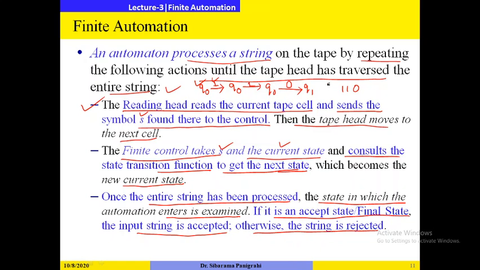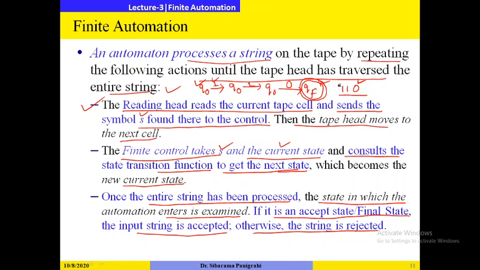After processing the whole string, we reach a state, and we check whether that state is a final state or not. Yes, QF was the final state, so 110 is accepted by the finite automaton. It means 110 is divisible by 2. So this was our running example.